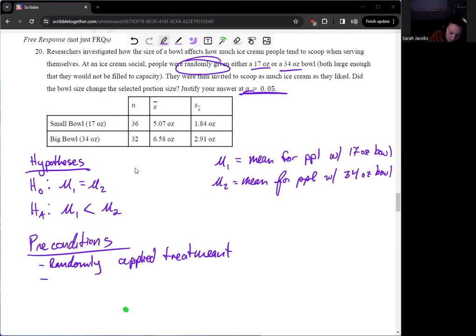Then our other check for independence is that our sample size is less than 10% of the population.